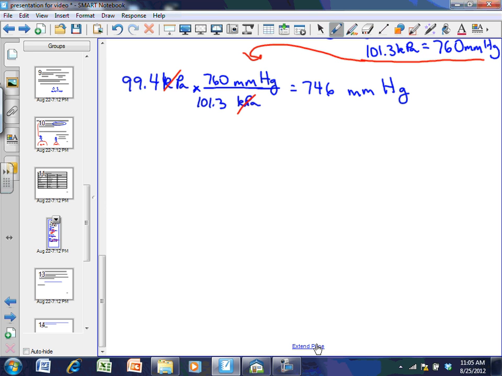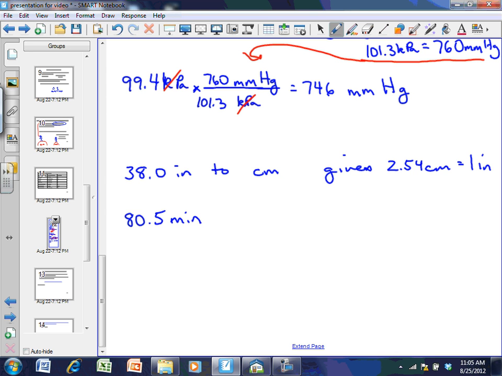So why don't you do 38 inches to centimeters, given 2.54 centimeters is equal to 1 inch. How about 80.5 minutes to seconds?